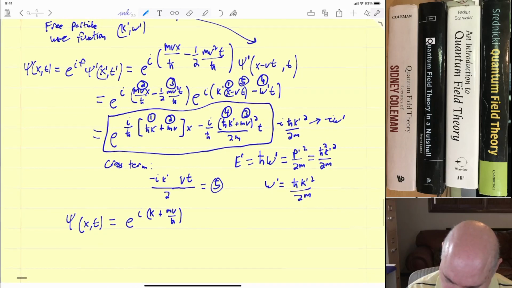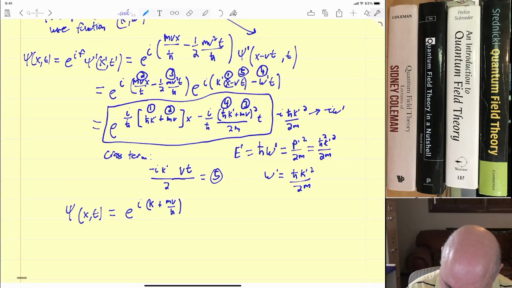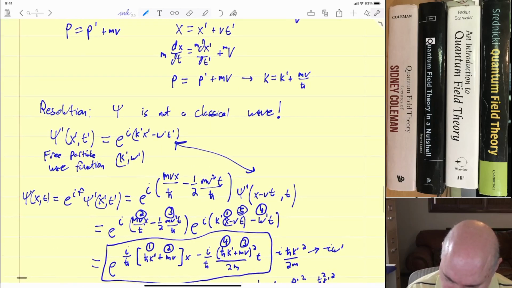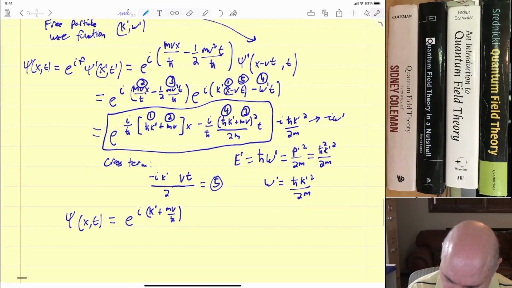So down here, this is a k prime. So this is really k prime plus m v over h bar. This is really k. And then I have minus i, and so I'm going to divide by the h bar again.